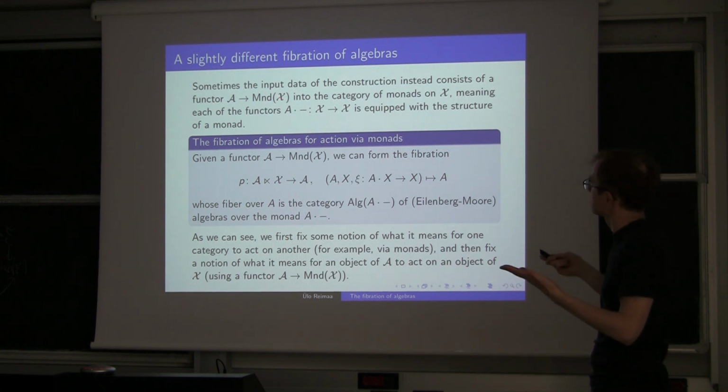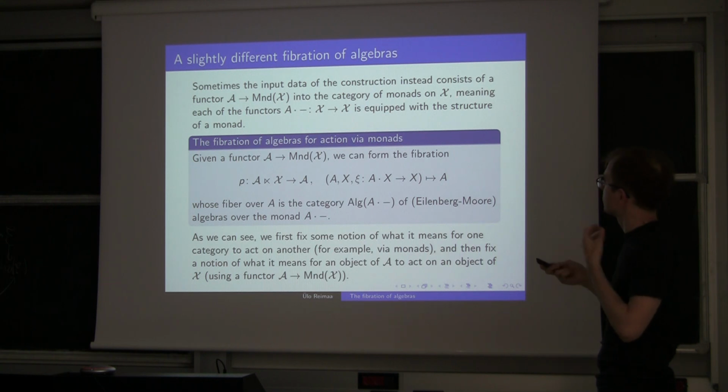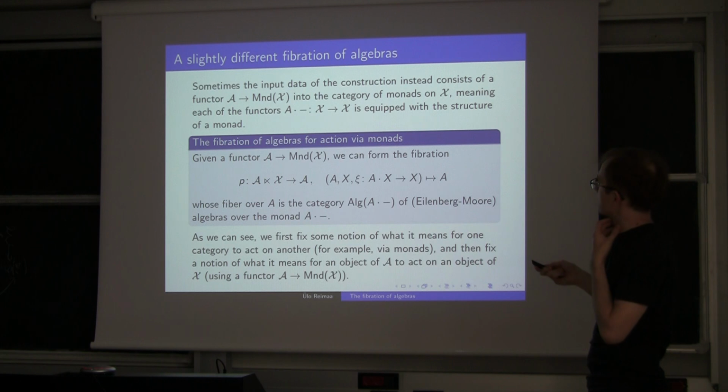So this is also a similar dependence, except once we take the adjoint of the underlying functor, here we get a monad structure on each of these functors that are given by our parameters.